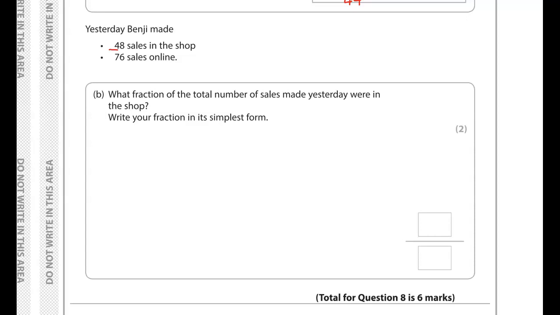So in the shop, we made 48 sales out of 48 add 76, so that is 124. So 48 out of 124. We're going to simplify this.